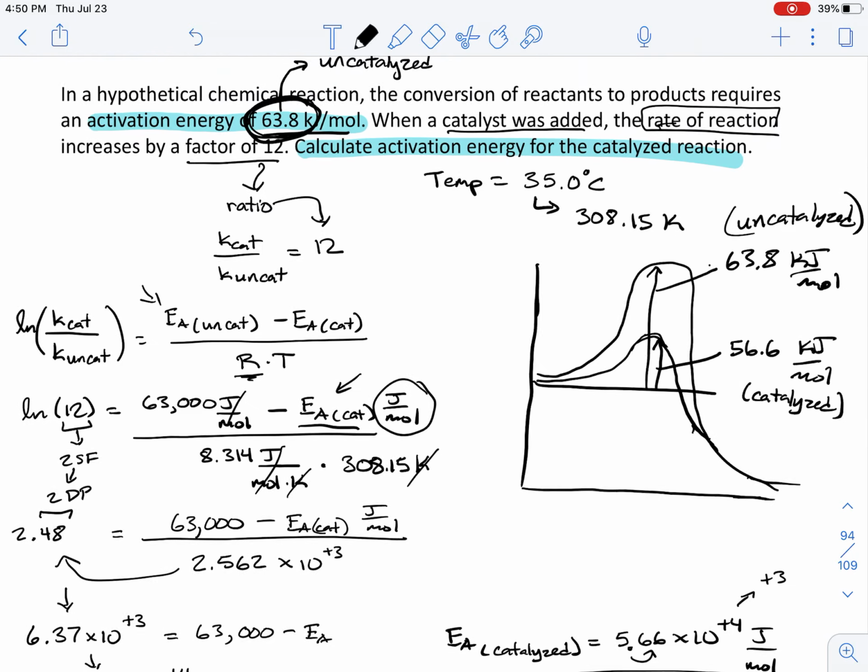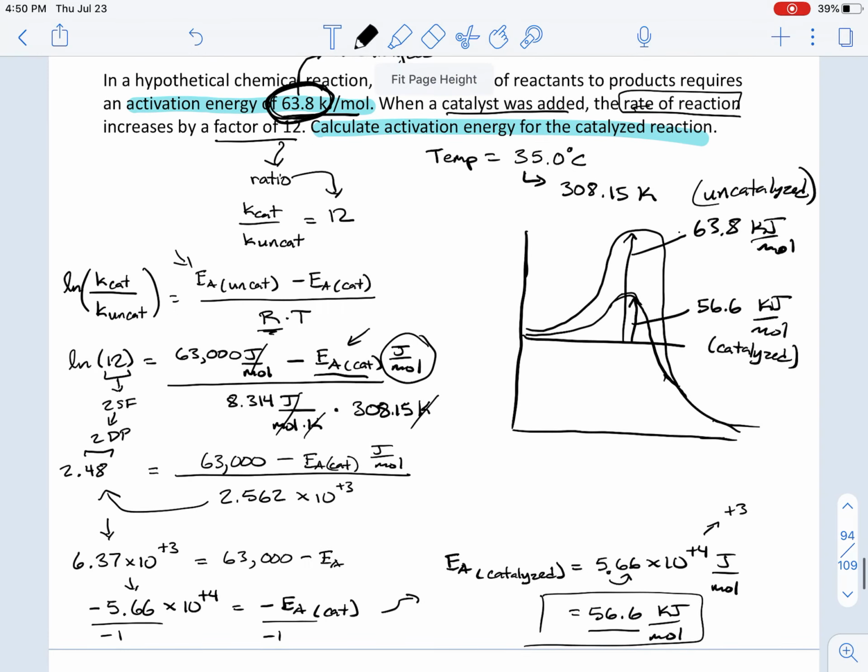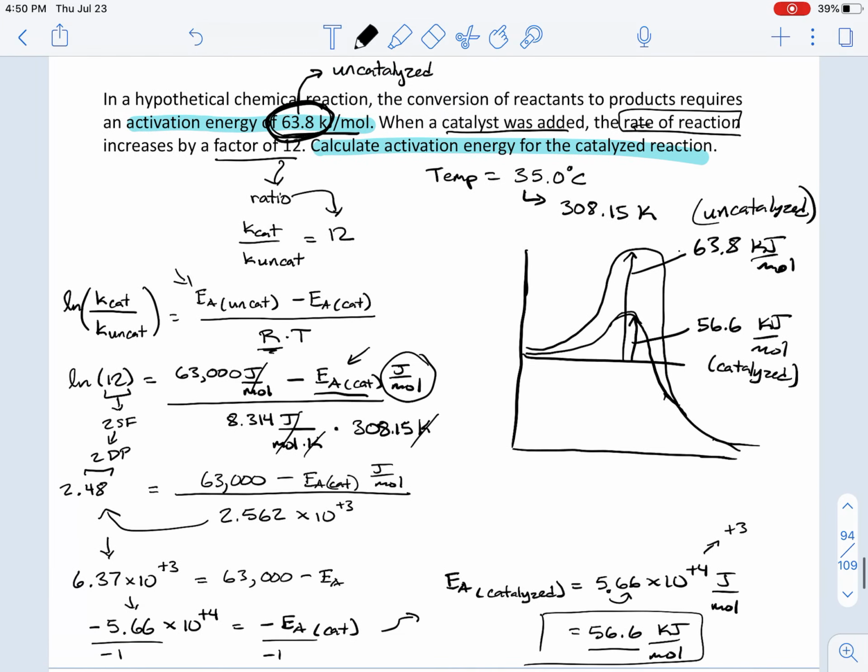All right, so that's pretty much it for this lecture video. Hopefully you guys have a stronger idea of the power of catalysts in terms of increasing the rate of reaction. And hopefully you guys understand that one mechanism that allows a catalyst to increase the rate of reaction is by decreasing the activation energy.